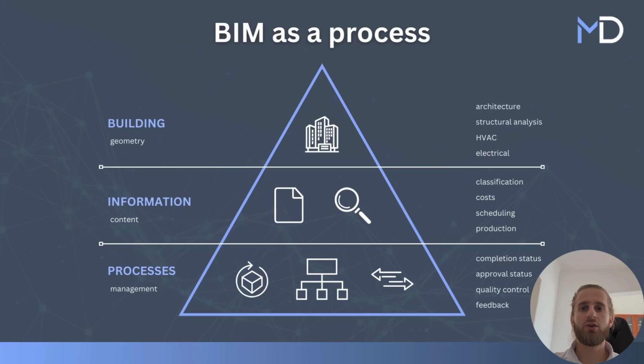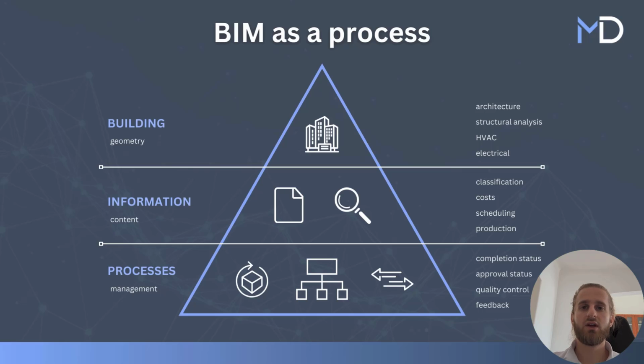When we talk about geometry, we refer to different models with various classes, such as architecture, structural design, engineering, electrical engineering, etc. When we talk about information, it means that within that model, all elements can be classified, filtered, and have data added about expenses, time planning, and the final product.